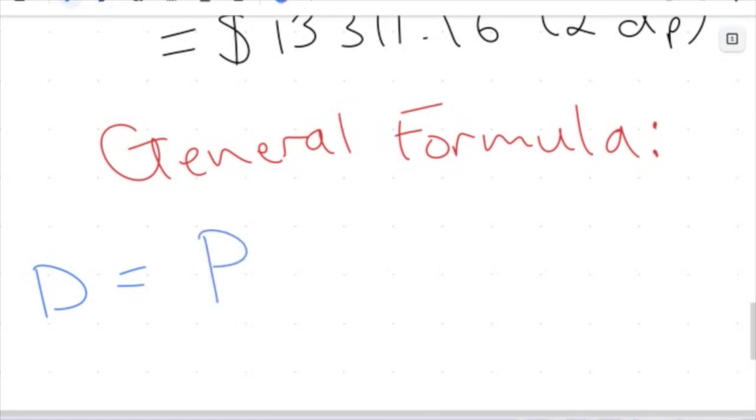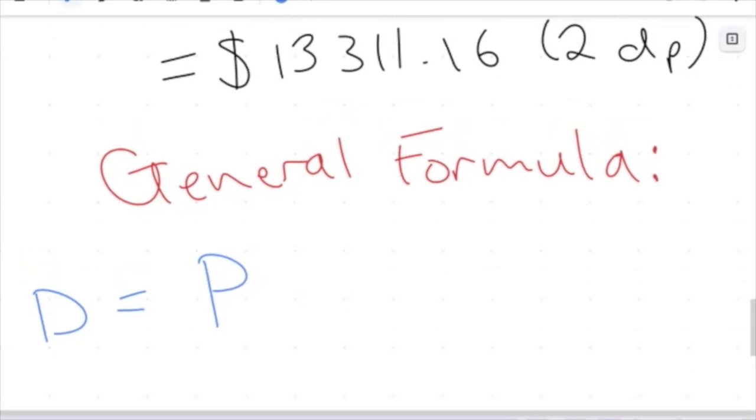We called this the principal, P for principal. And what have we done here? We've multiplied my principal amount, my starting amount, by the drop in value each year. So we took our 100%, our one whole, and we subtracted the depreciation percentage, so the percentage drop.